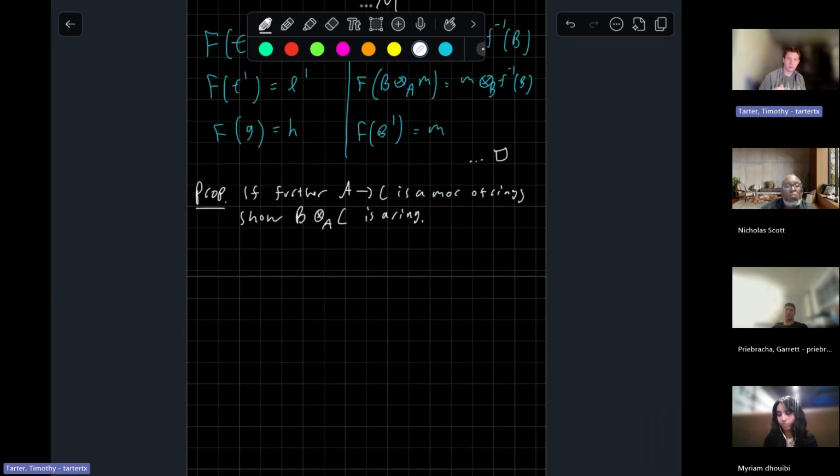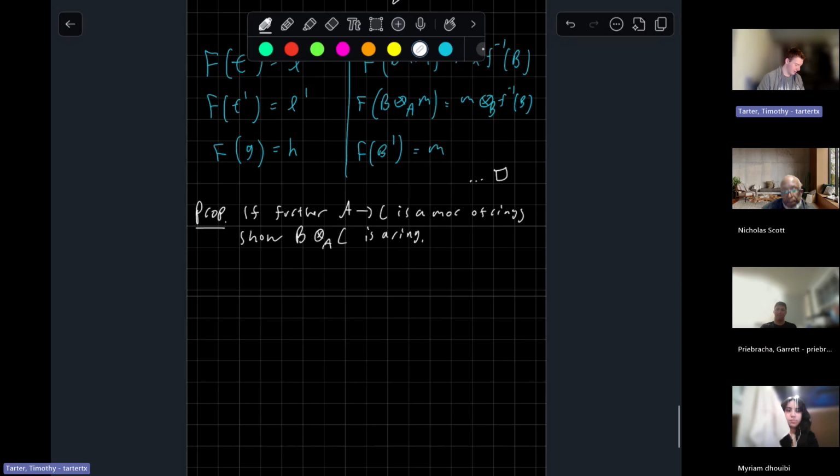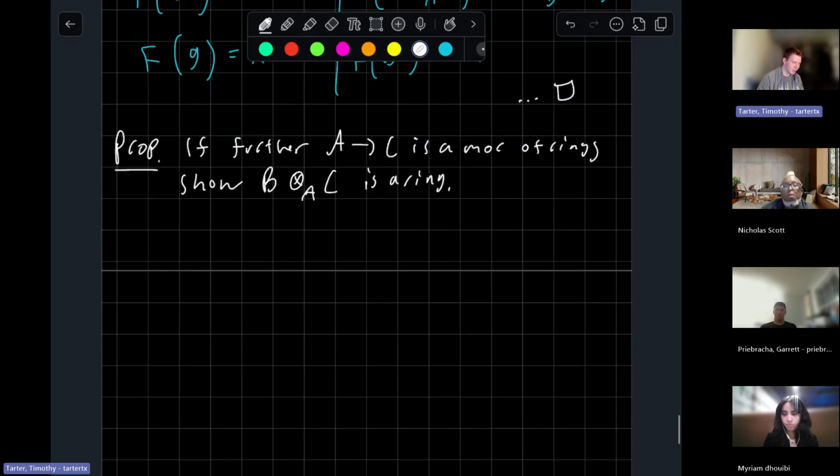I feel like I can take that at face value. Tensor product of two rings is a ring. Are we good with that? Yeah. Okay. I'm pretty happy to move on from that one.